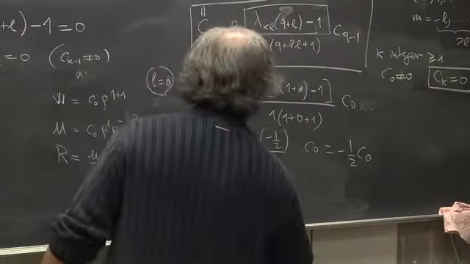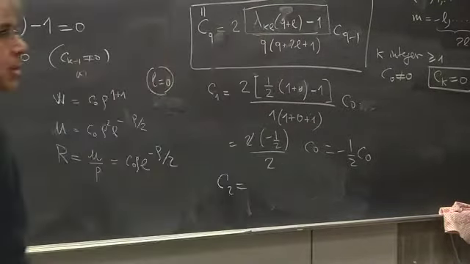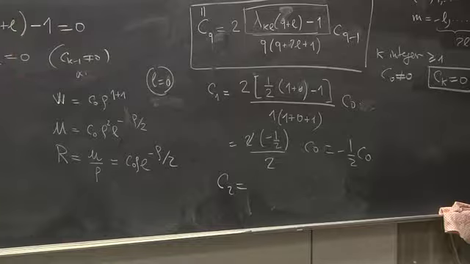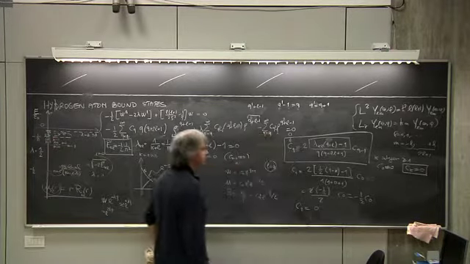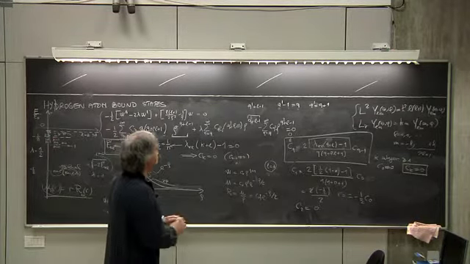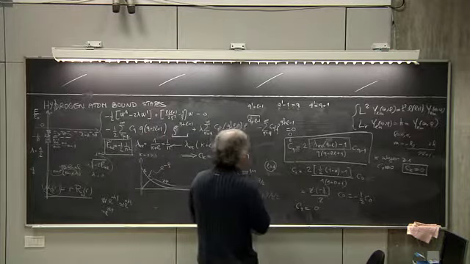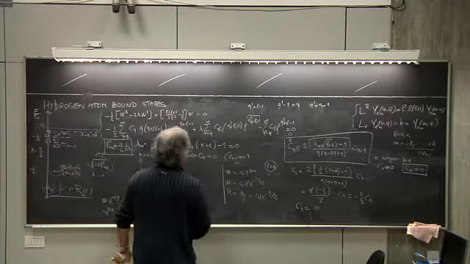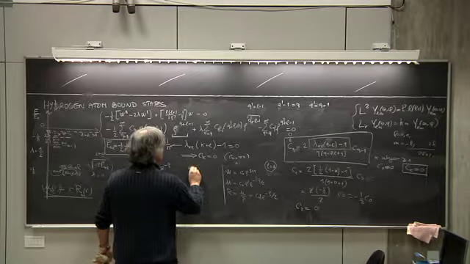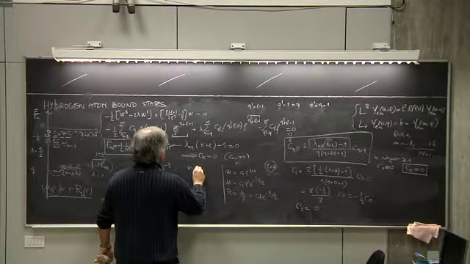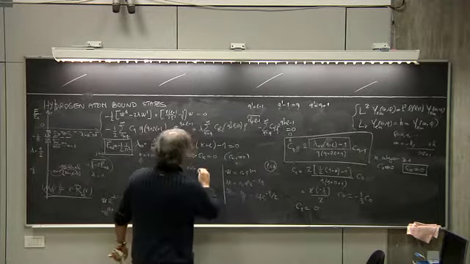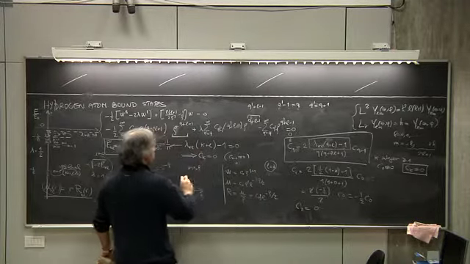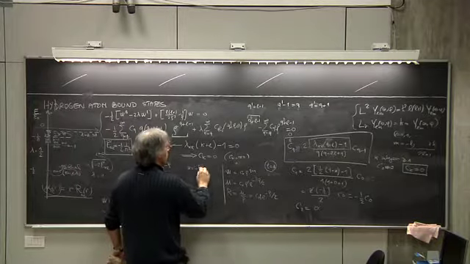And C2, should I calculate it? No, because this is k equal 2. Obviously, I should expect, and I find, C2 equals 0. Okay? So for that function, let's write it. I expect W to be C0 times. Okay, so it starts from L equals 0, so it starts with L plus 1, so with rho.